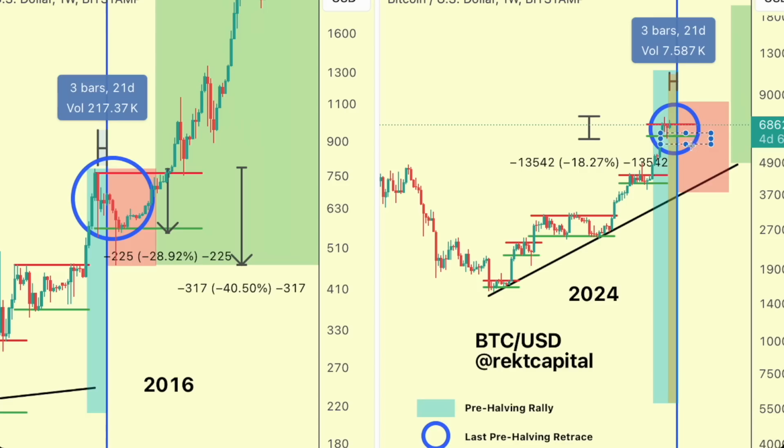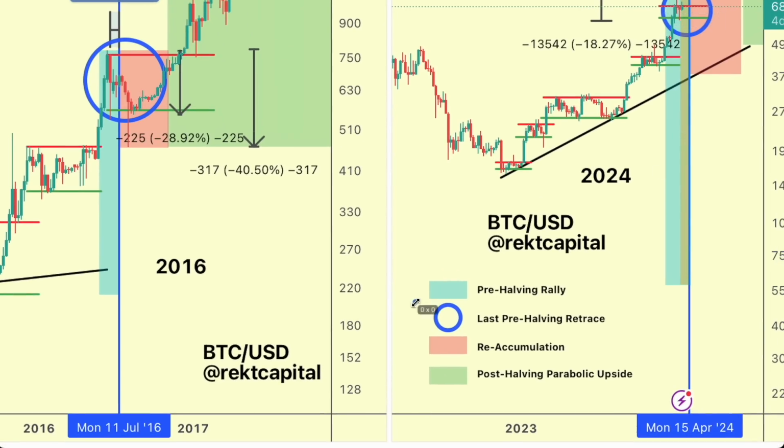At least from my perspective, I'm going to be really dollar cost averaging into this region around this 60k, sub 60k region. And the lower we go, the more I'm going to be dollar cost averaging, because I know, historically speaking, that these are the two last phases in the Bitcoin halving cycle.